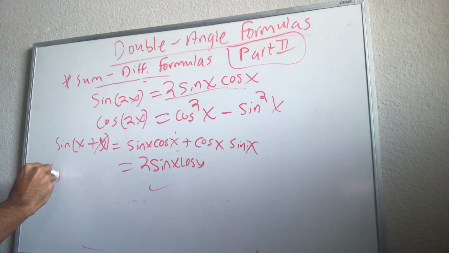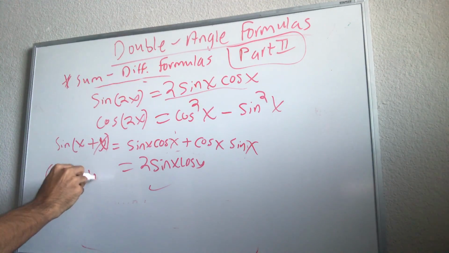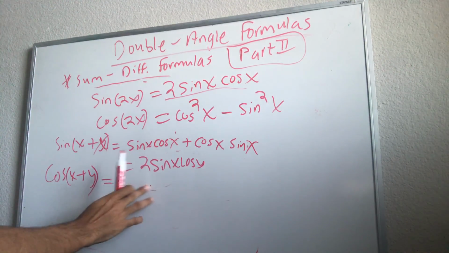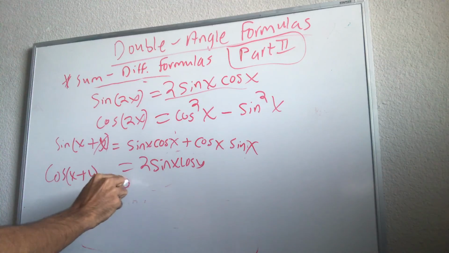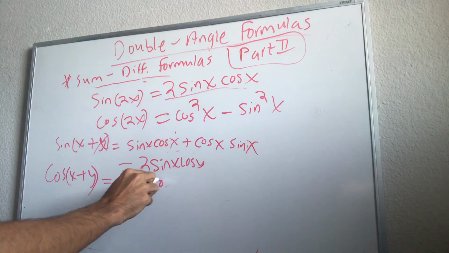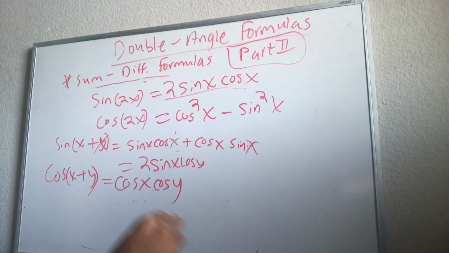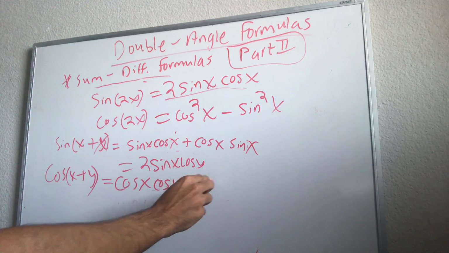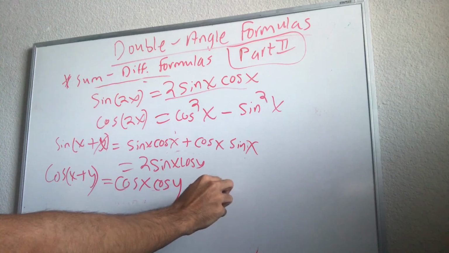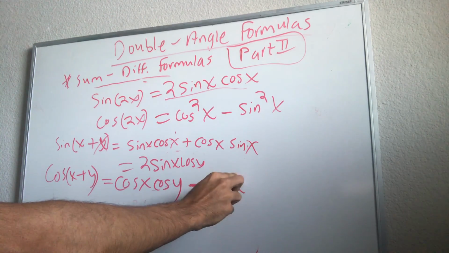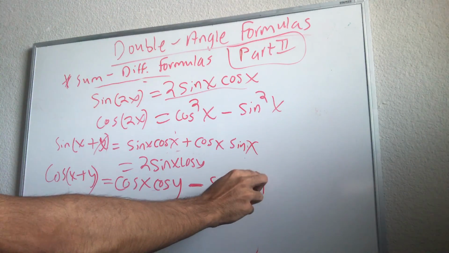We know that cosine of x plus y is cosine x cosine y, and then we have minus, again it's the opposite sign, sine x sine y.